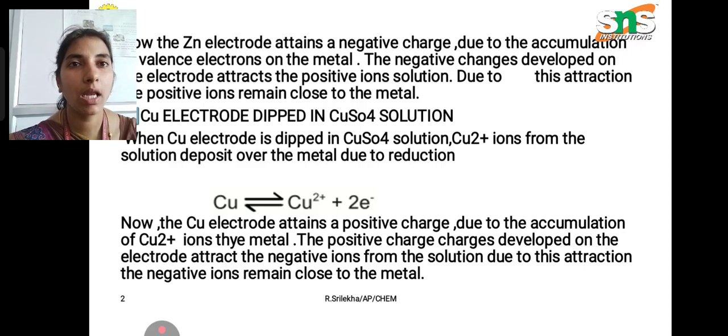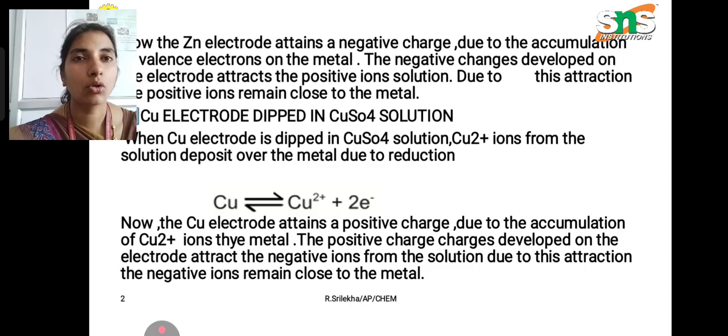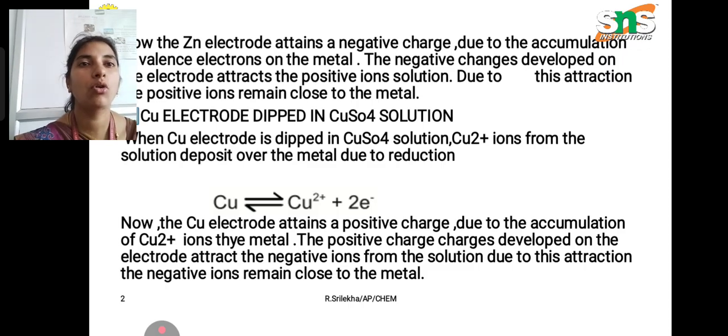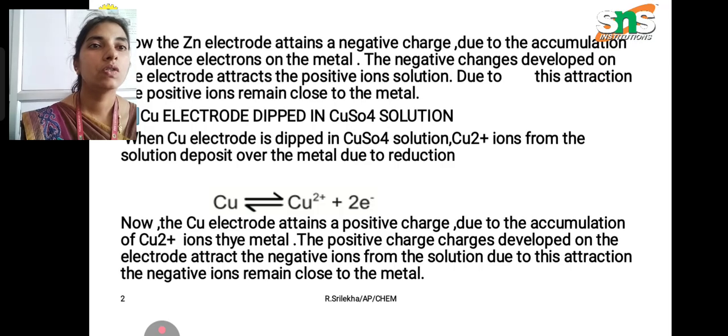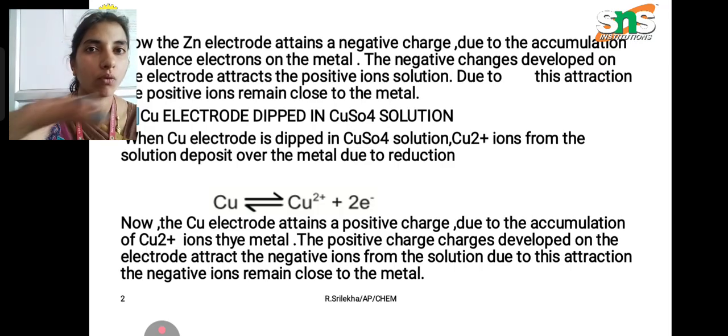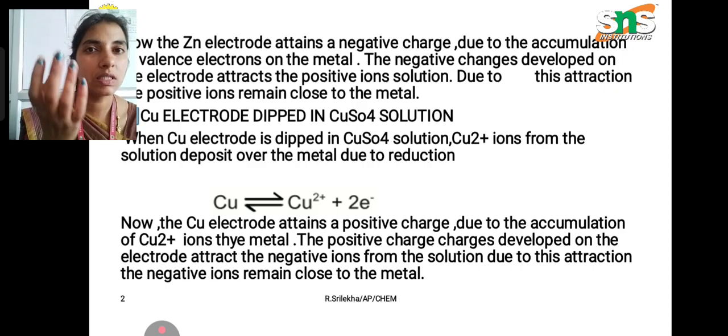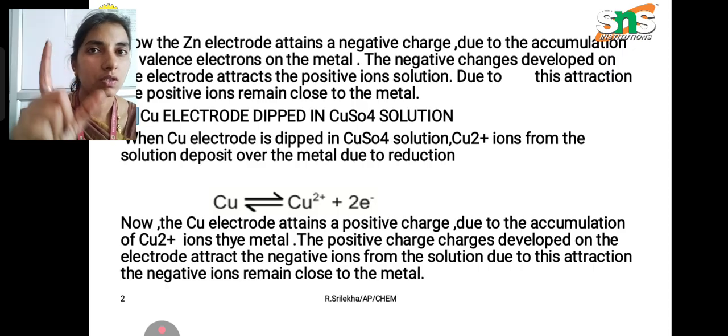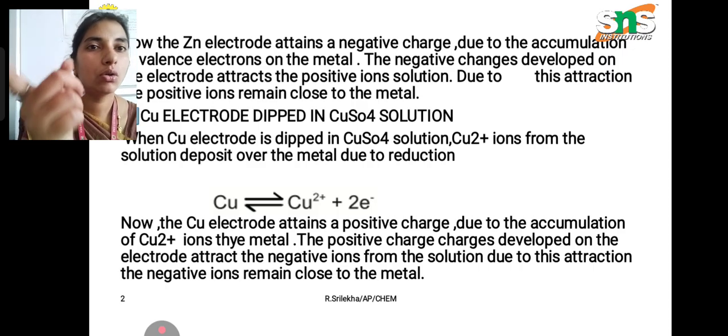When a copper electrode is dipped in copper sulfate solution, Cu2+ ions from the solution deposit over the metal due to reduction. Here Cu2+ plus 2e- gives Cu.